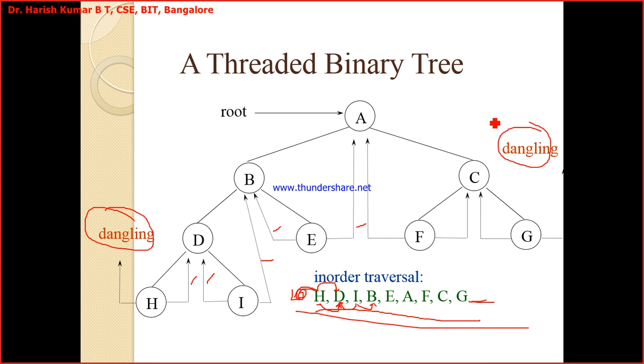In the previous class I gave you 2 to 3 examples, yes or no? You people have already solved them. So take all the 3 examples, and the in-order traversals you have already written. Just convert each of them into a threaded binary tree. Start doing it.